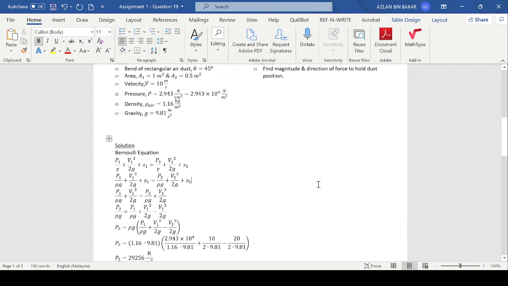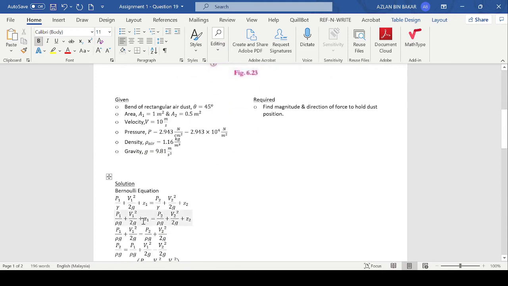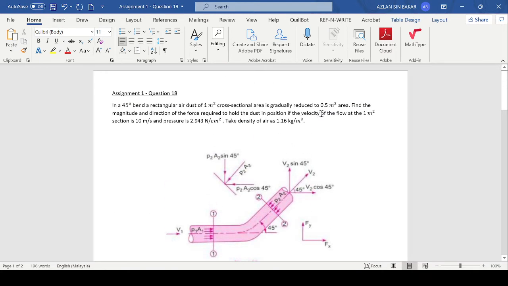After we write the Bernoulli equation, we see what we can cancel or discard. Z, or elevation, we can discard because the elevation at point 1 and point 2 are the same, since the question did not say anything about the elevation.